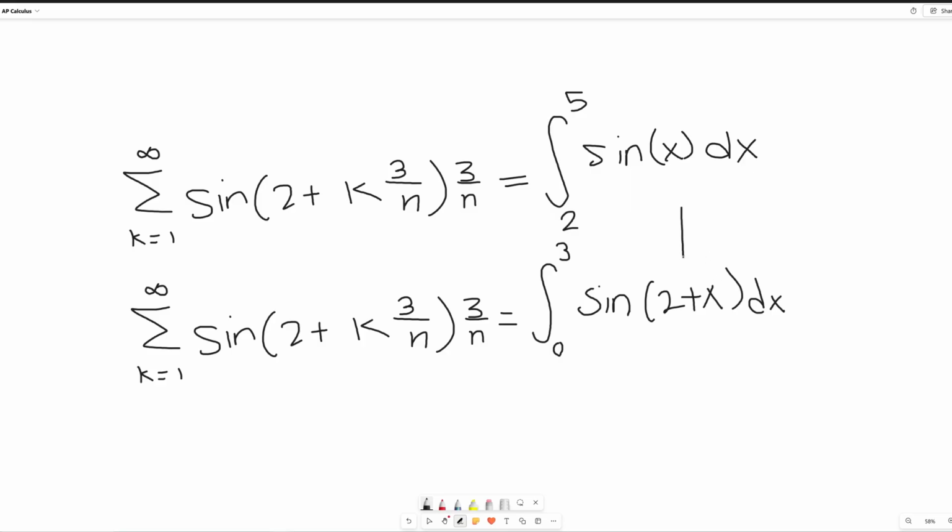These are equivalent, these two integrals. So you can either use this as your a value, put it into here, and then do 2 plus 3 for your a plus delta x. Or you can think about your a value as 0, put that on the bottom, use your 0 plus your delta x, so 3 on the top, and then this value inside becomes part of the function.